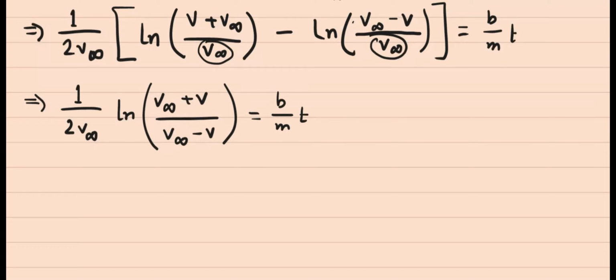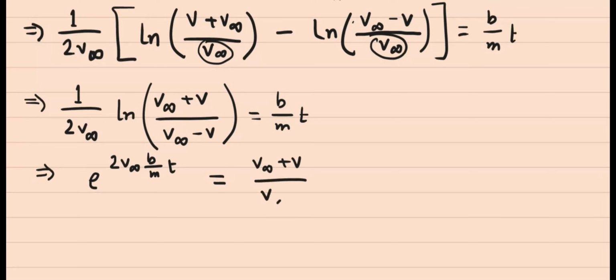Can we simplify this further? Yes, we can. So we have to write e to the power 2v infinity times b divided by m times t is equal to v infinity plus v divided by v infinity minus v.